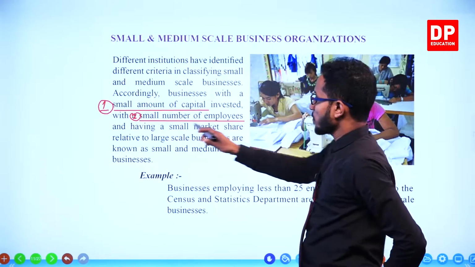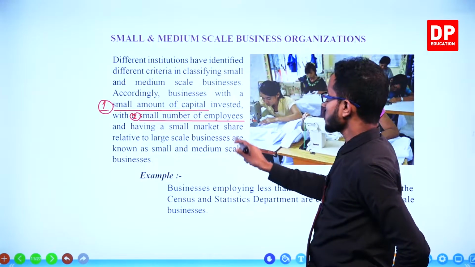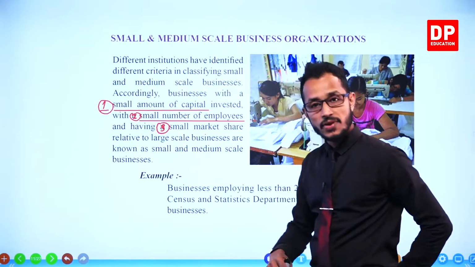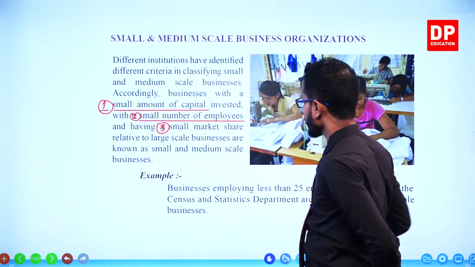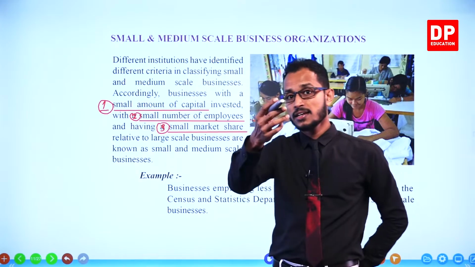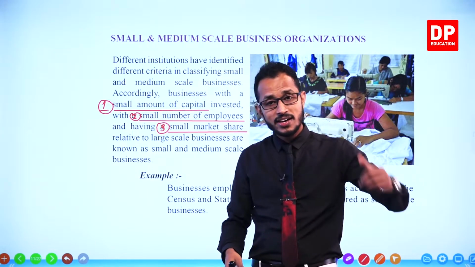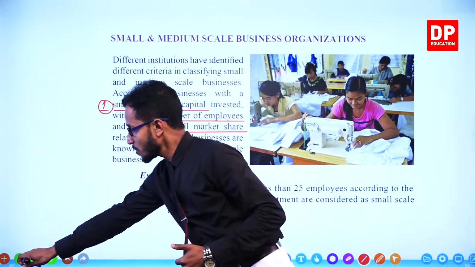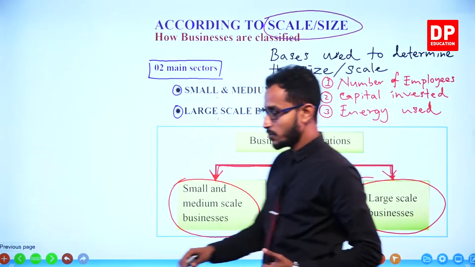So a small number of employees and having a small market share, that is another criteria, children. Market share. Now you are saying that I didn't give you that criteria in the previous screen, right? No, I didn't. I gave you these 3.